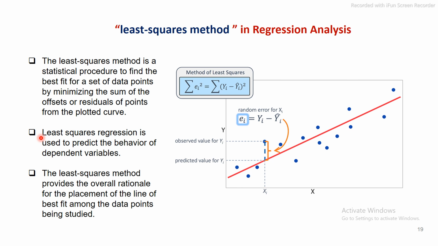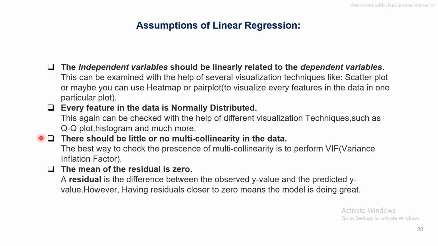These values give you an idea of how correctly your ML model is predicting, in terms of a percentage. Now there are some assumptions of linear regression. So what are the assumptions of this regression?